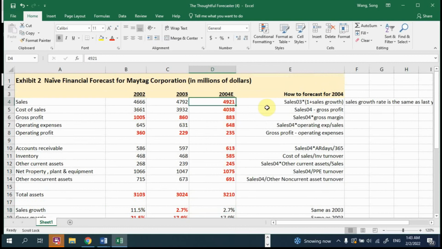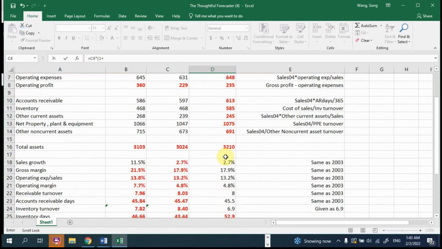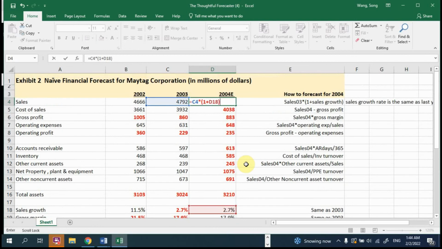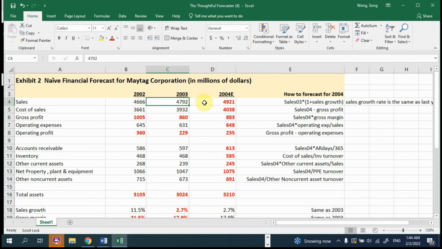And we are going to use whatever sales we had before multiplied by 1 plus the sales growth rate. Okay, take a look, then hit enter. So this is our forecast for sales. From 2002 to 2003, the growth rate is 2.7%. From 3 to 4, that's another 2.7% growth, and that's a fair estimation.